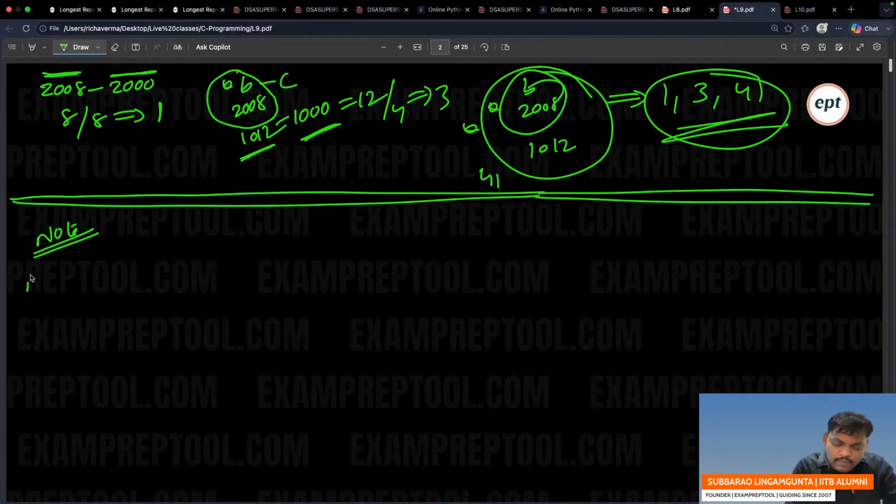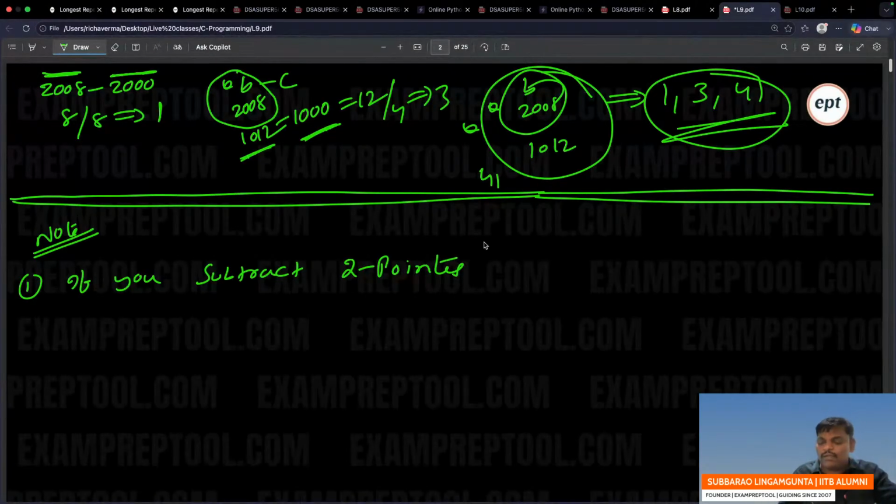Note 1: if you subtract 2 pointers, P1 and P2, write these points. Within the brackets I am writing P2 minus P1.